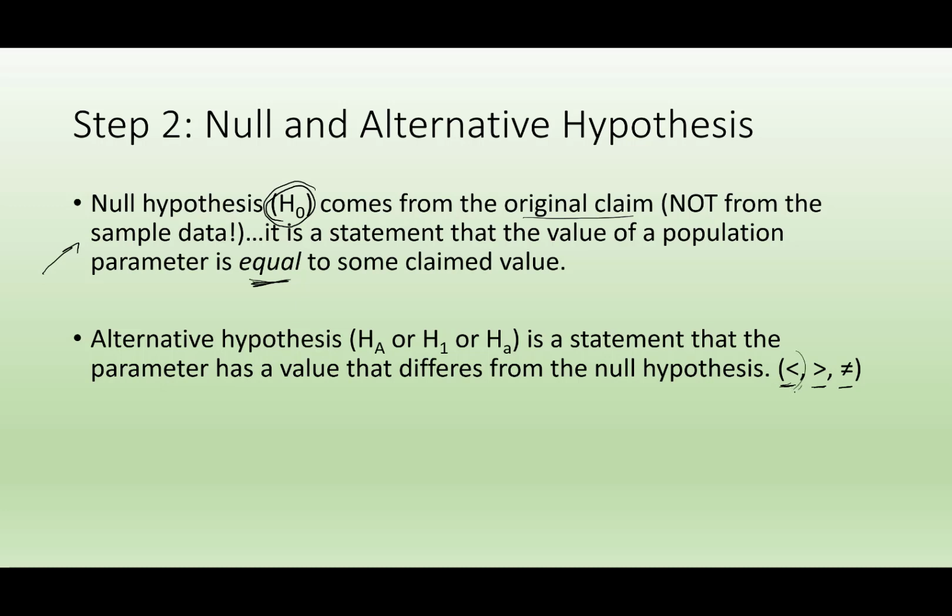Well, if that's the case, then we would use the less than symbol because it indicated we're looking at it being lower. If we were interested in finding out if the wait time was longer than what was claimed, we would use the greater than symbol. If we're just interested in finding whether it's different from what was claimed, then we would use the not equal sign. So the symbol for your alternative hypothesis will be determined by the goal of the study or what you're trying to show.